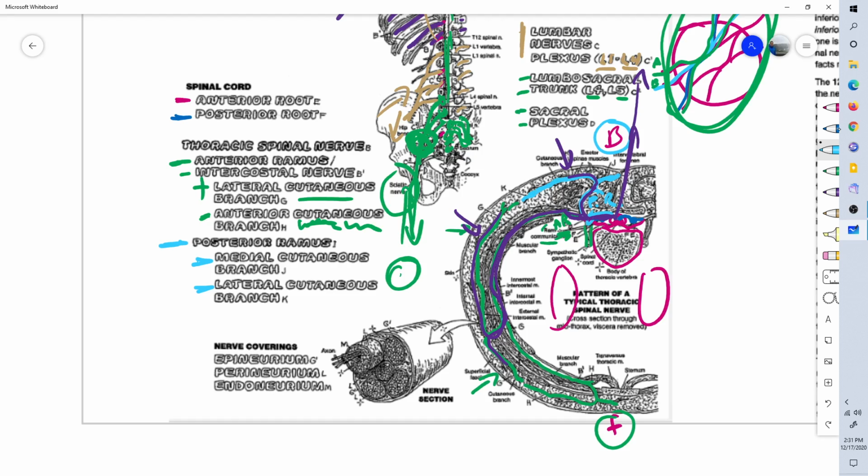So interesting to see how the split occurs. I'm going to use a different color, brown. Here's the spinal nerve right here. Remember the split, the posterior ramus and the anterior ramus. It's just interesting to see the paths they take.